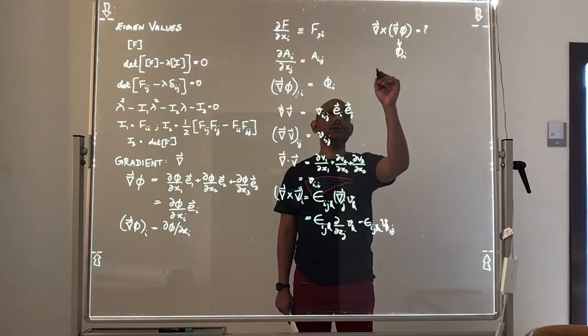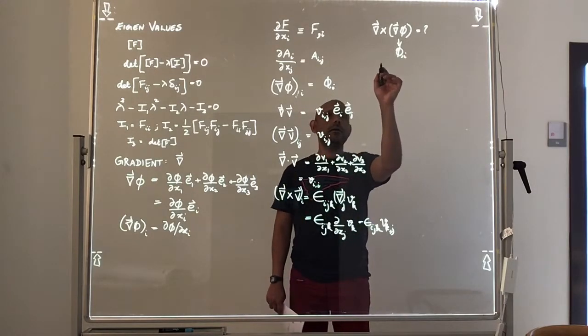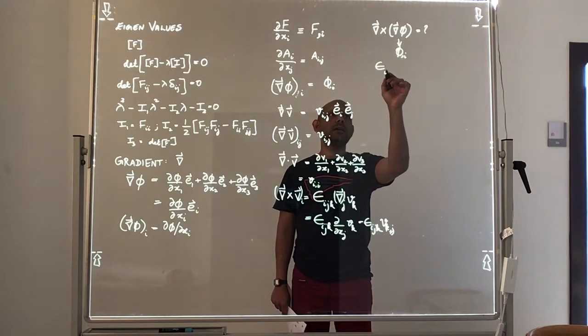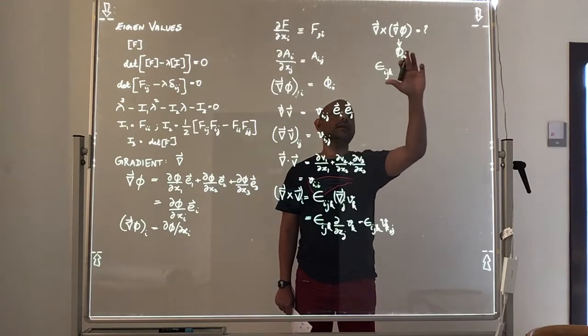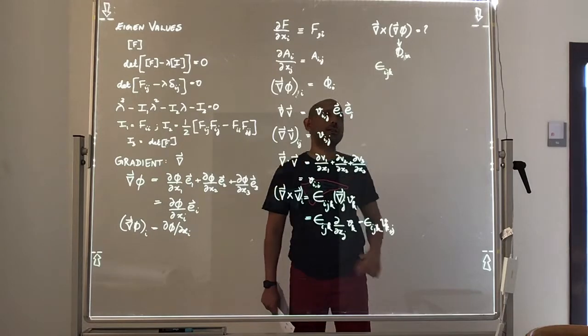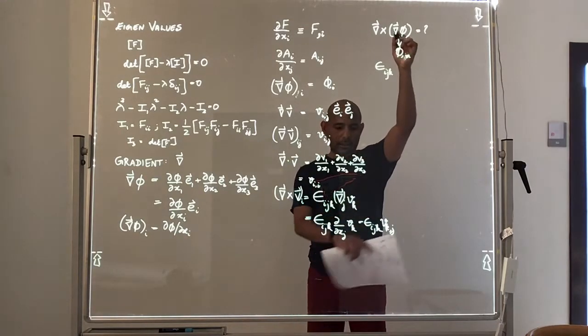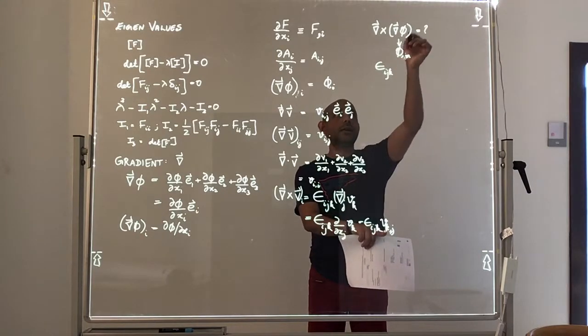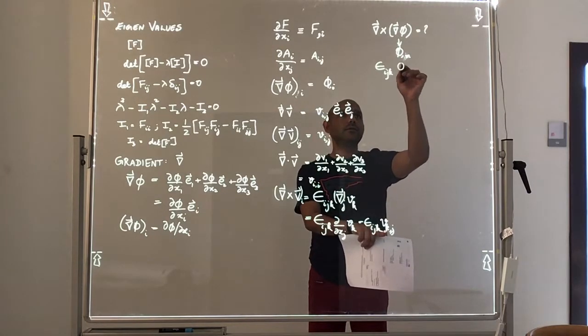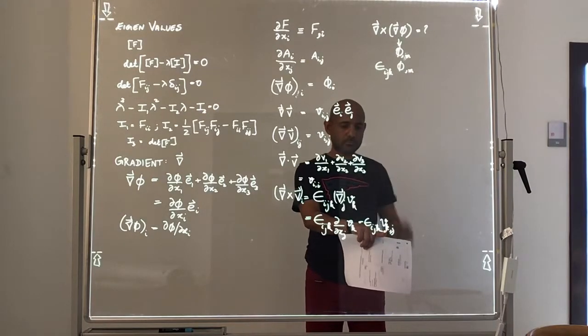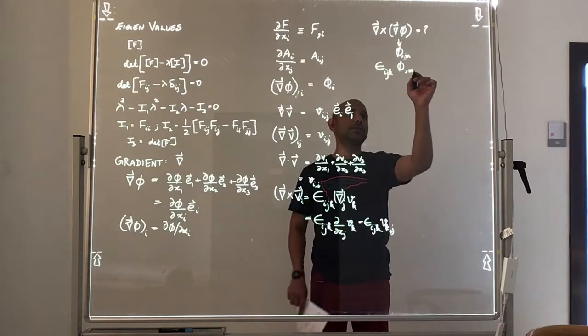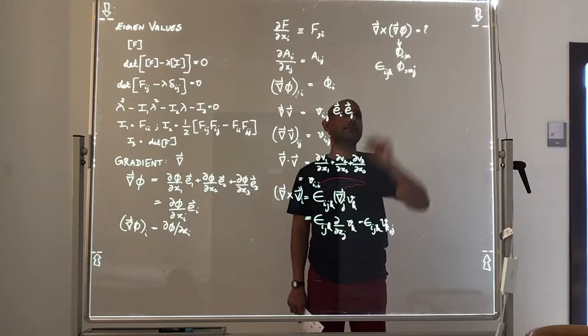So this is epsilon ijk. I'll play it safe because i is floating about, so I will call this phi comma n. It doesn't matter. The kth component of this, phi comma k, differentiated with respect to j. So we are taking the second derivative.